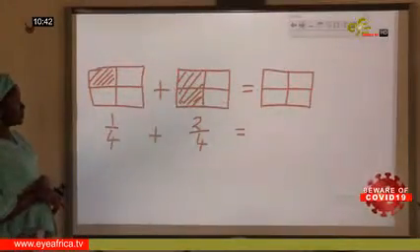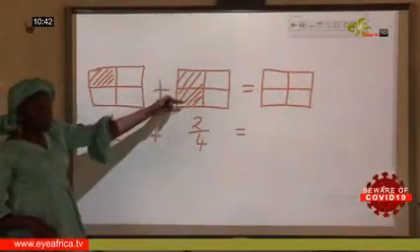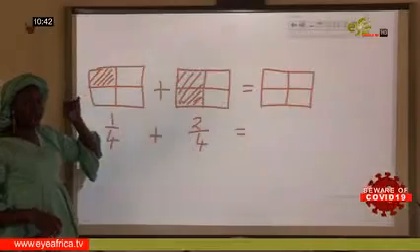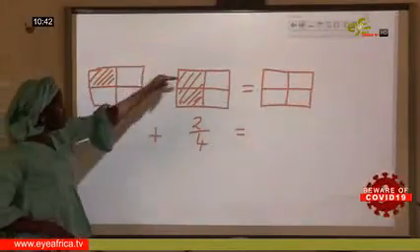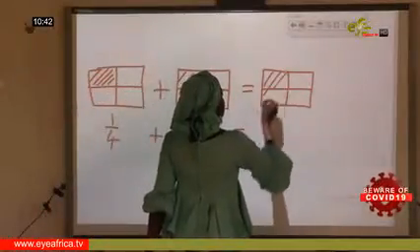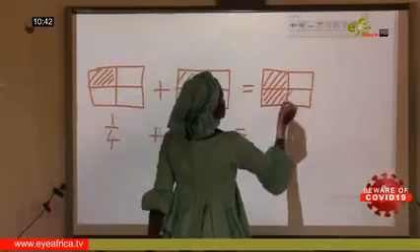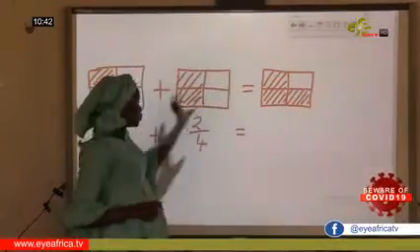Using diagrams, this is 1, 2, 3. It should be 3/4. We are counting the shaded parts: 1, 2, 3. So here we should say 3 portions. That is 1/4 plus 2/4.